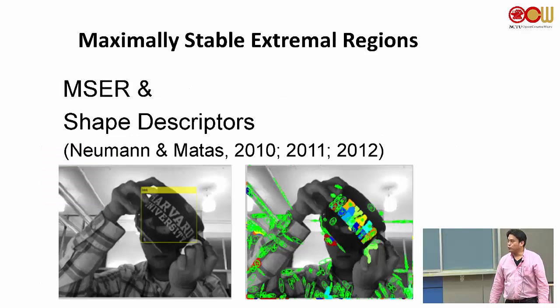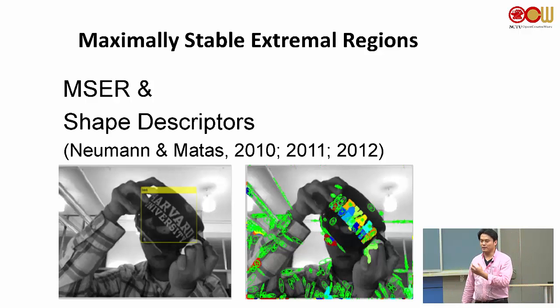So now let's move on to the second detector we want to introduce for today. And this is actually one of my favorite feature detectors of all time, because I have been doing something like text detection for my research, and this is one of the best ways to do it.